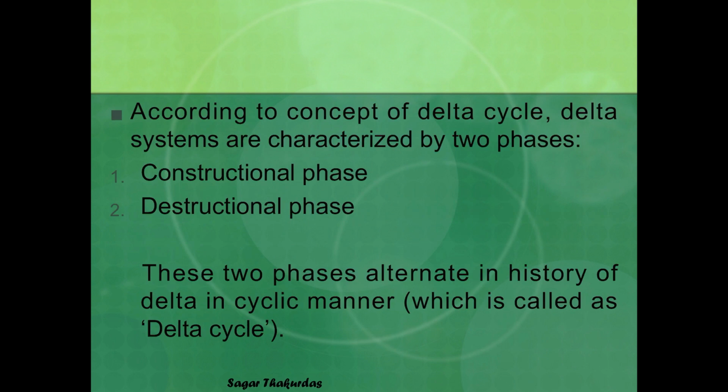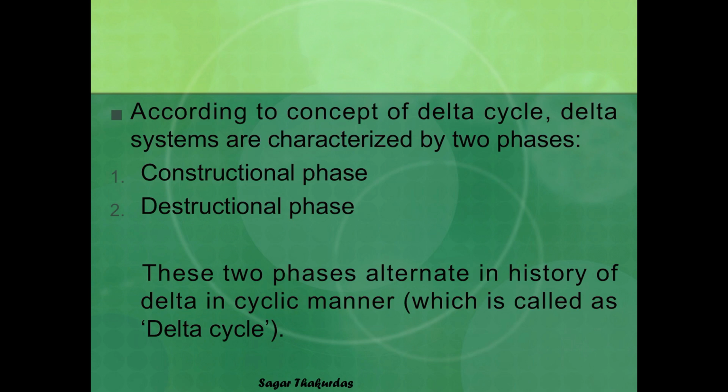So according to the concept of delta cycle, it is consisting of two phases, constructional phase and destructional phase, and these two phases may alternate in the history of delta in cyclic manner, or they may occur at the same time in a single delta. So it may happen that a delta undergoes construction, then a destructive phase starts.